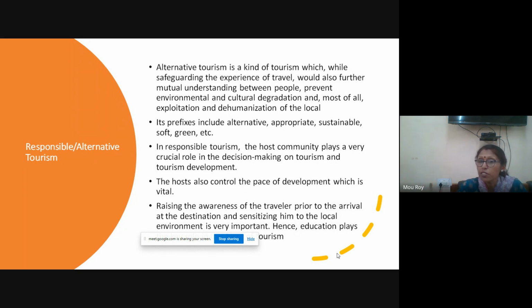So this is fine, but at the same time, travelers should also be made aware before arriving at the destination. They should be sensitized about the local environment, how to preserve it.